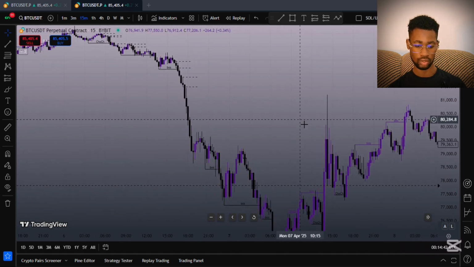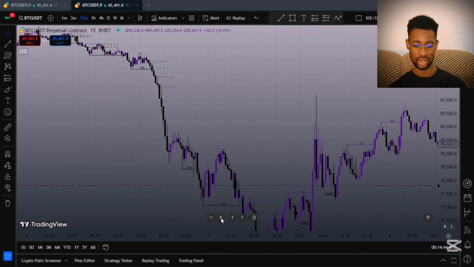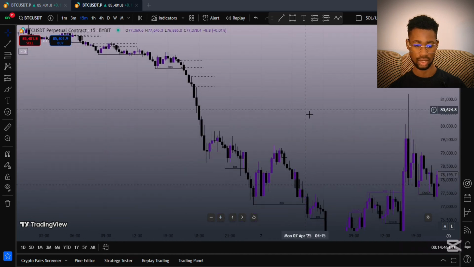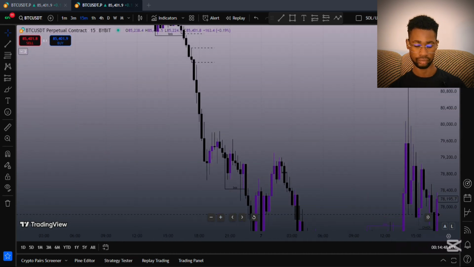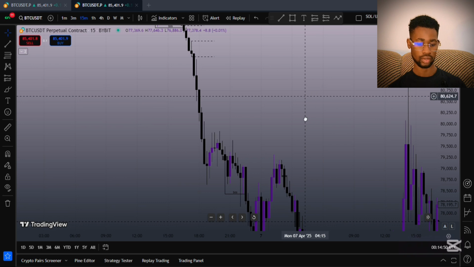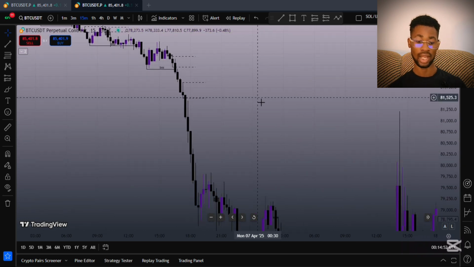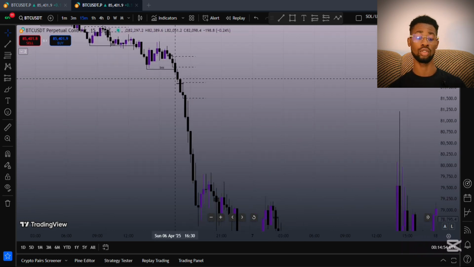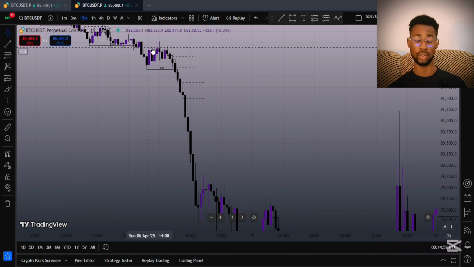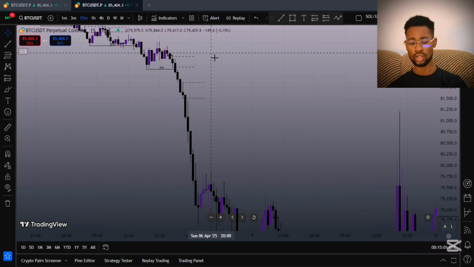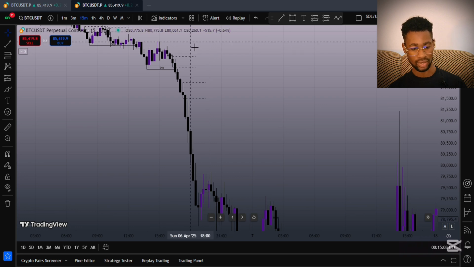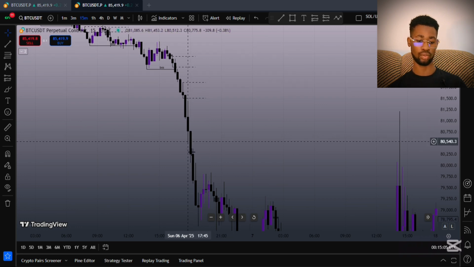So I'm zooming into this. Let's make it bigger so you can see clearly. All right, so as a supply and demand trader, SMC trader, you are looking to catch that reversal, or even if you trade support and resistance. So now you want to look at an aggressive move to the downside, which is pretty obvious.